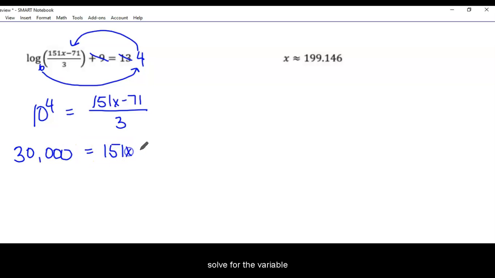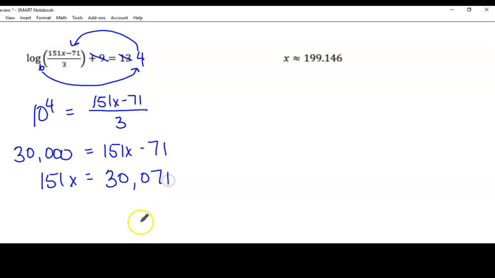And then I'm just solving for x. Because I like for my variable to be over there on the left, I'm going to switch this around. Divide by 151. Okay, so that time I did get the same thing that they had, the same answer that we were given.